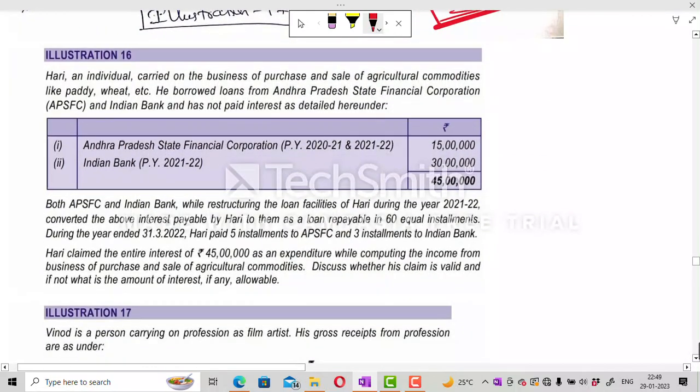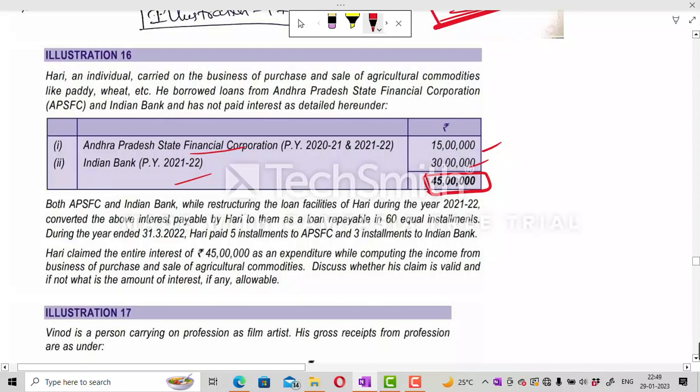So Hari, an individual, carried on a business of purchase and sale of agricultural commodities like paddy, wheat, etc. Okay, he's doing some business. He borrows loans from Andhra Pradesh State Finance Corporation and Indian Bank and has not paid the interest as retail lender. From Andhra Pradesh 15 lakhs, Indian Bank 30 lakhs. Total 45 lakhs is the outstanding interest payable.